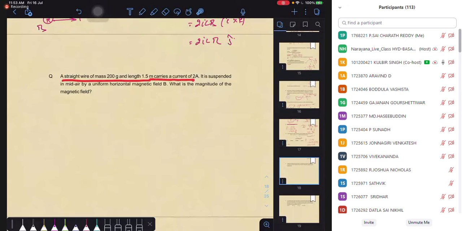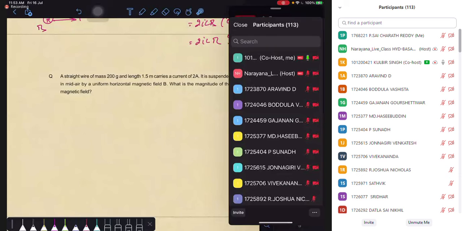Here we say a straight mass is given, length given, current given, and it is suspended in mid-air by a uniform horizontal magnetic field. How much magnetic field is required? So it is suspending the wire: the weight balances the magnetic force.